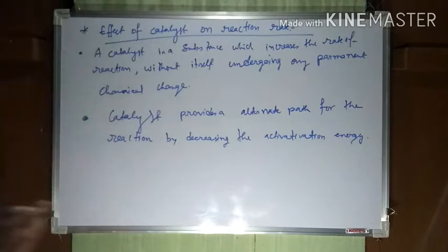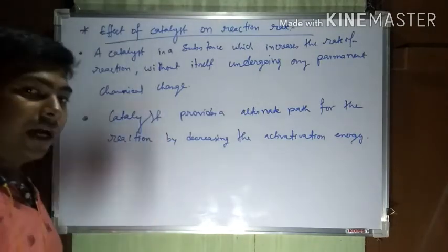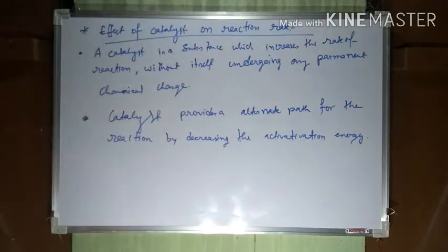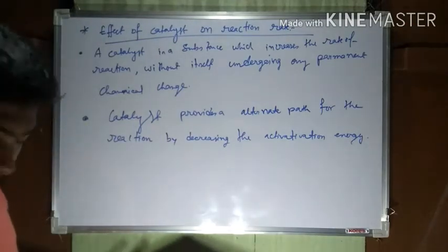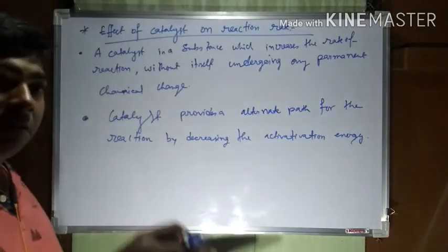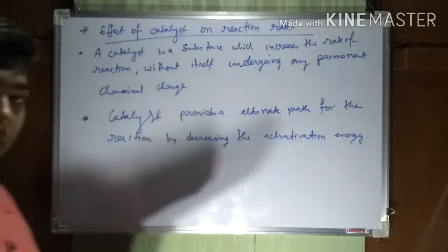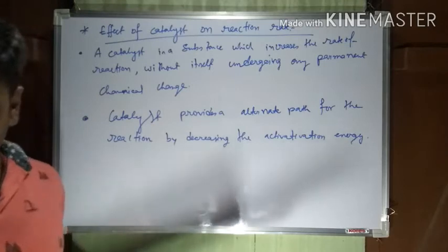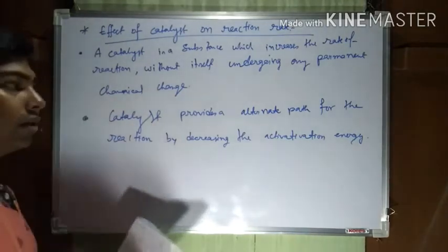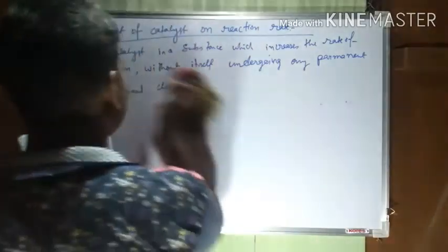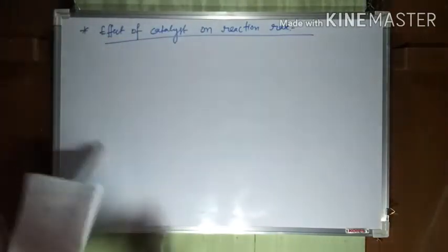The main concept of catalyst is the decrease in activation energy. If the activation energy for a particular reaction decreases, that means the reaction takes a shorter time. You can say faster reactions at lower temperature. Now see, the graphical representation will make it clear.